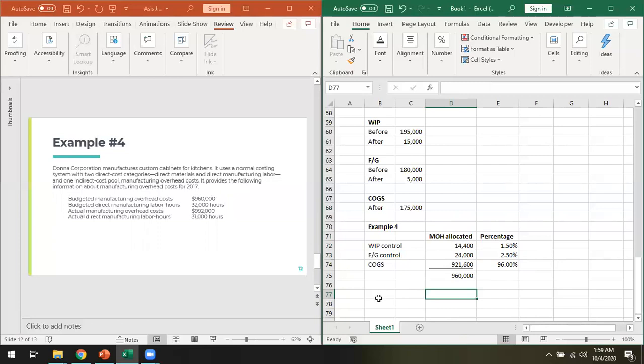So we first have to find the difference between the manufacturing overhead allocated and the manufacturing overhead control. The manufacturing overhead allocated, or the budgeted manufacturing overhead cost, is $960,000. The actual manufacturing overhead cost is $992,000.